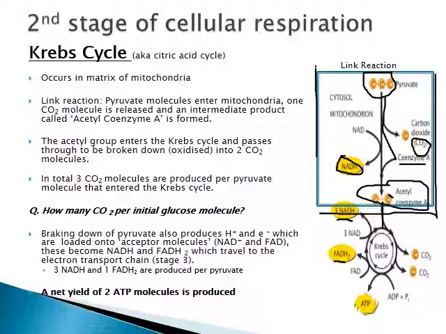So if you follow one single pyruvate, we're producing 1 CO2 in the link reaction, and we're producing 2 CO2s in the Krebs cycle. But of course we've got 2 pyruvates, so if we're producing 3 carbon dioxides per pyruvate, well, we're obviously producing 6 carbon dioxides for 2 pyruvates. So the Krebs cycle gives us a net yield of 2 ATP.